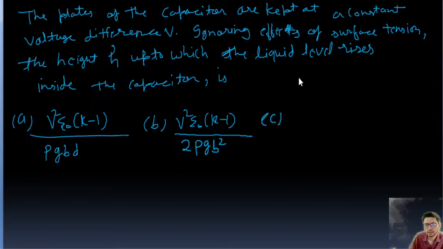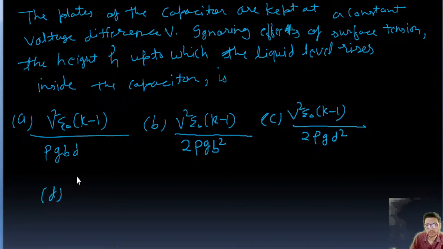Option C is V square epsilon 0 (K minus 1) upon 2 rho g B square. Option D is V square epsilon 0 (K minus 1) upon rho g D square. Okay, so this is the question, guys.